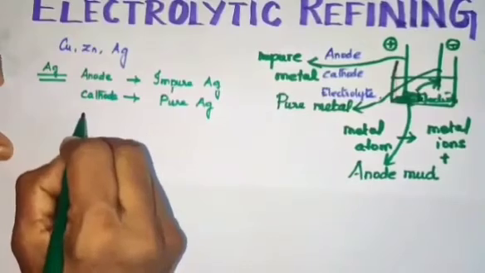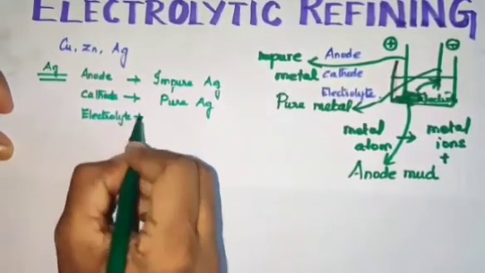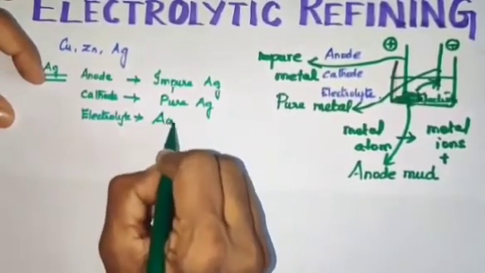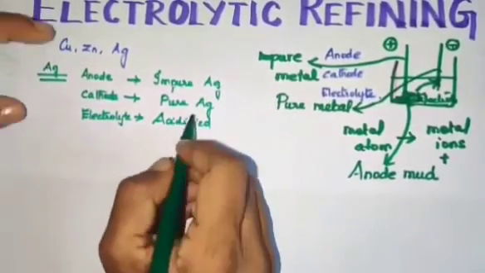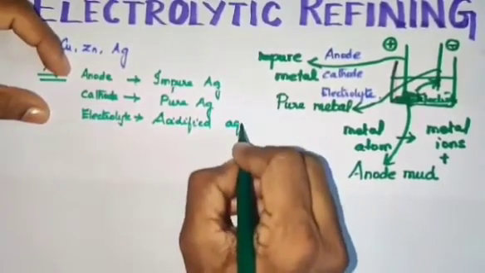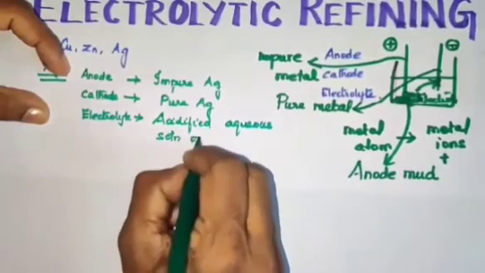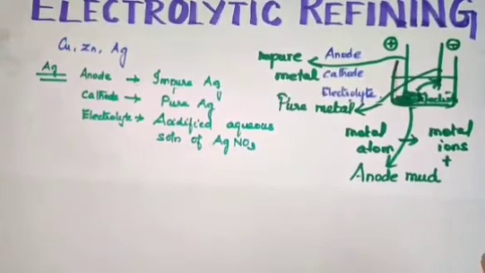Next is the electrolyte. The electrolyte must also contain the metal which has to be purified. So, an acidified aqueous solution of silver nitrate is taken as electrolyte. Now we have anode, cathode and electrolyte.